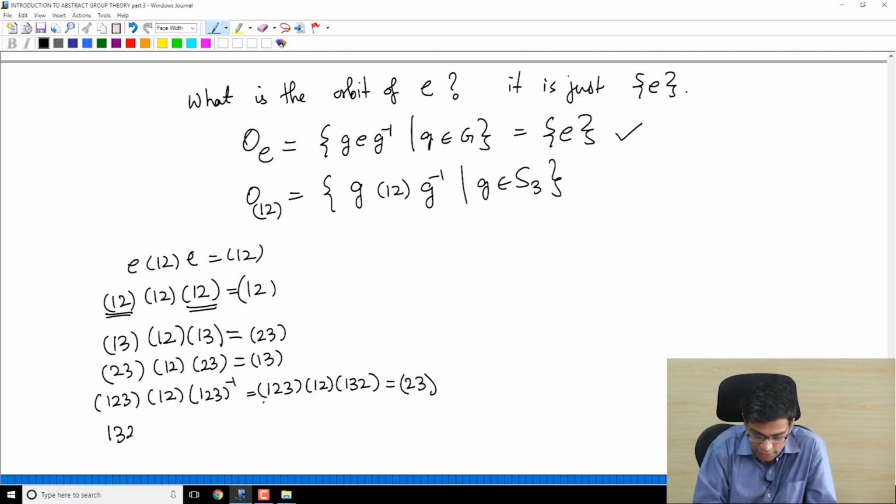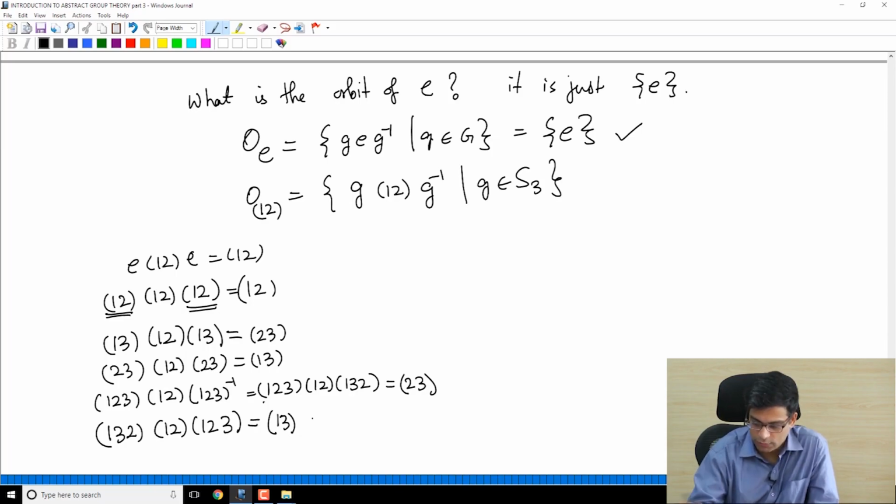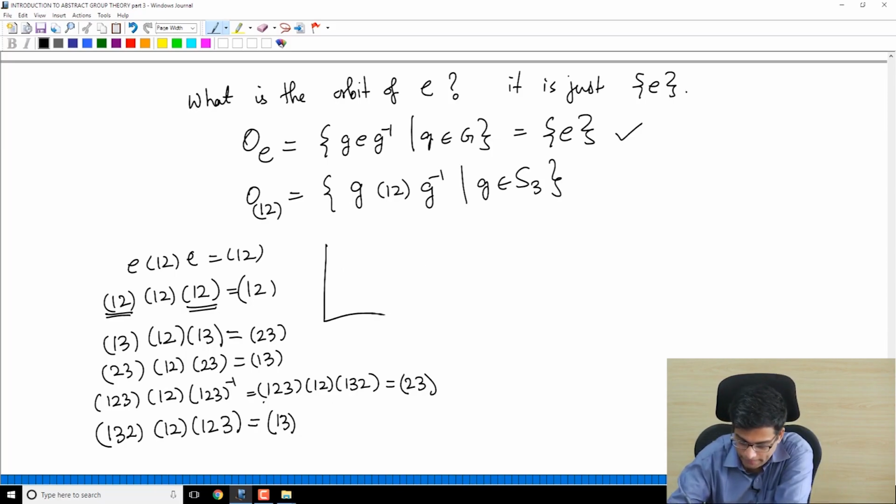And finally (1 3 2)(1 2), and the inverse of (1 3 2) is (1 2 3). 1 goes to 2, 2 goes to 1, 1 goes to 3. 3 goes to 1, 1 goes to 2, 2 goes to 1. 2 goes to 3, 3 goes to 2. So this is (1 3). So what is the conjugacy class?